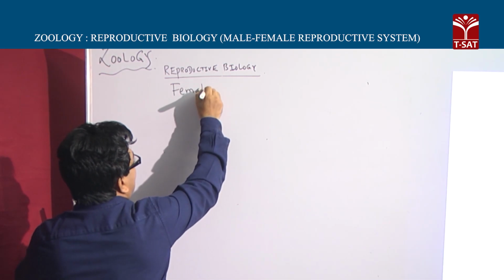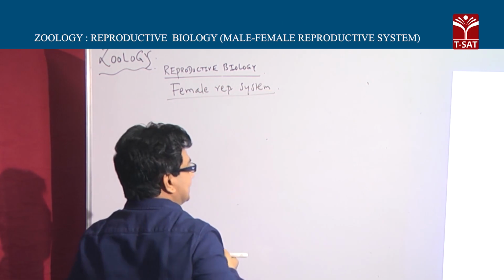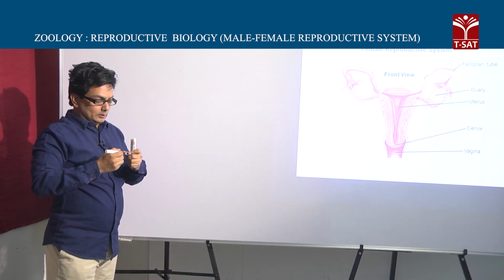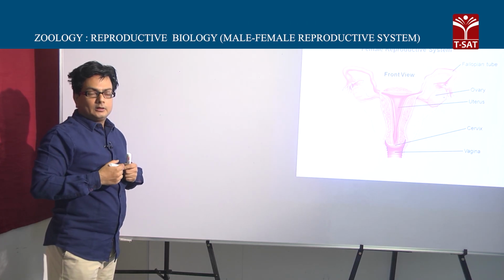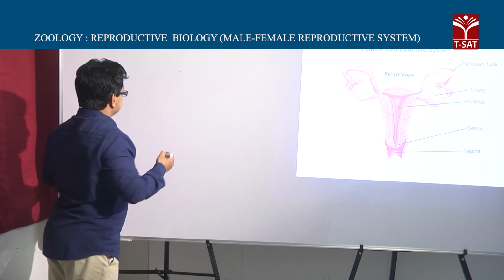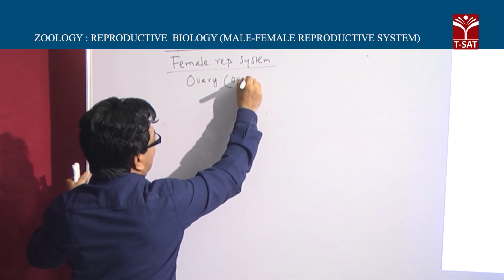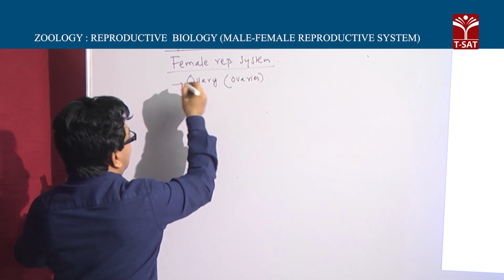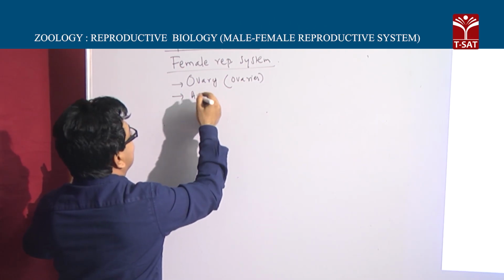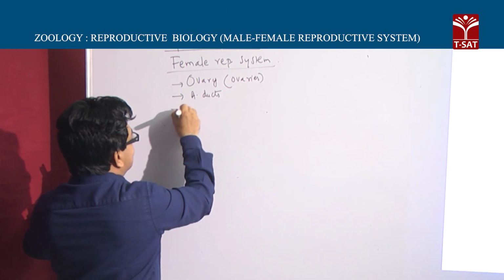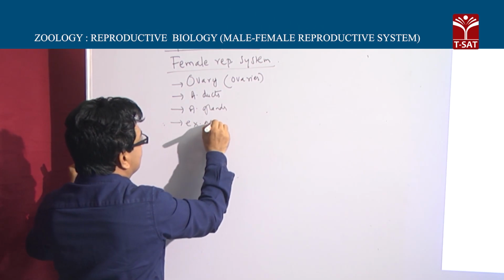As we have divided the male reproductive system into 4 segments, we can do the same thing even for the female reproductive system: the ovaries, which are the gonad, next the accessory ducts, next the accessory glands, and finally the external genitalia.